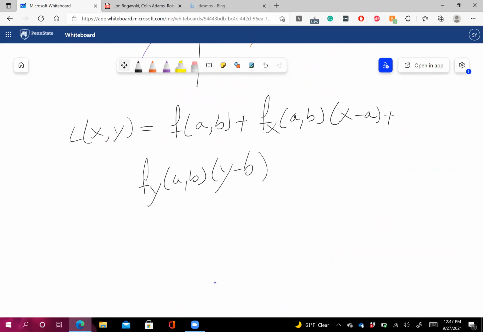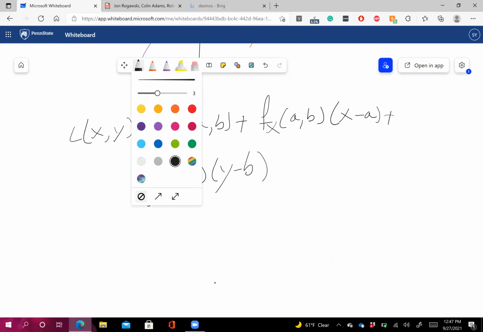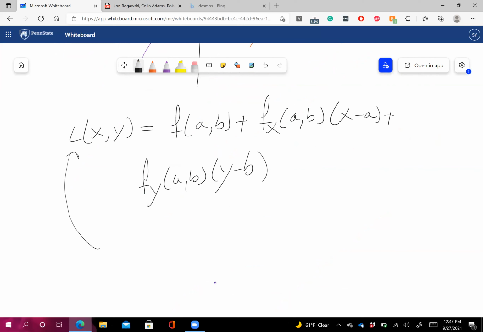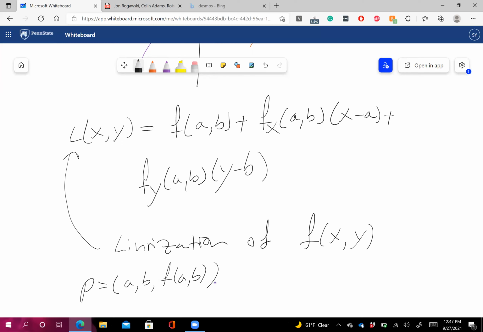And this is the linearized equation of f of xy. So we can think about it as the linear approximation to f at the point P, which is equal to A, B, and f of AB. So it's not for all points, but it is for points that are close to A and B.